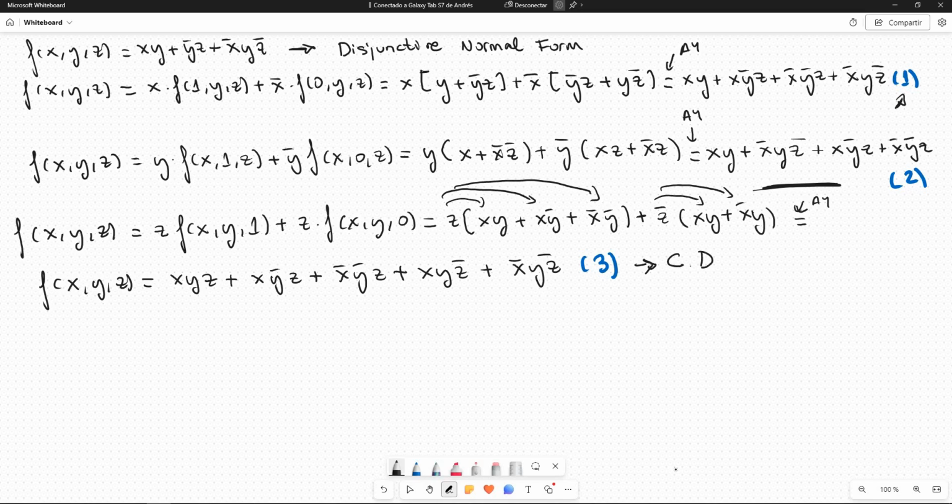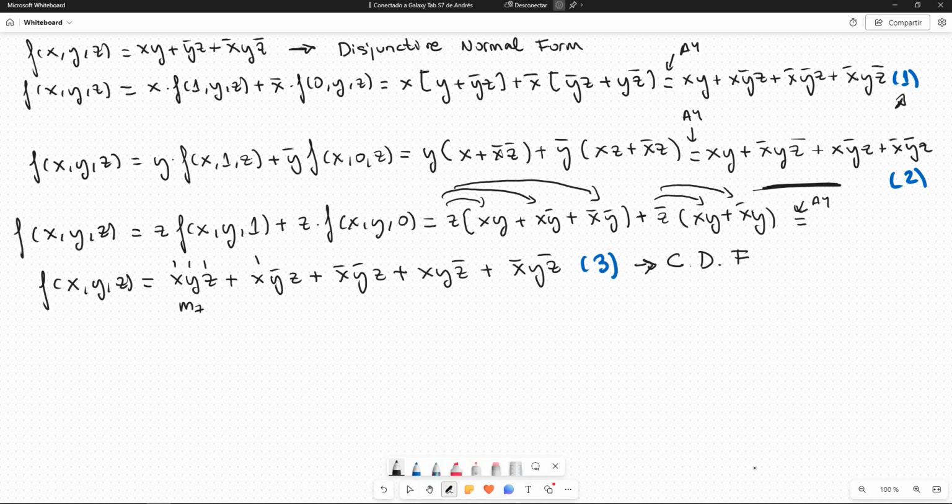Canonical disjunctive form of the function. Instead, we can calculate the mean terms implied. So this is the mean term 1, 1, 1, because all the variables are not complemented. So is mean term 1, 1, 1 is 7, because 1, 1, 1 is 7 in binary.